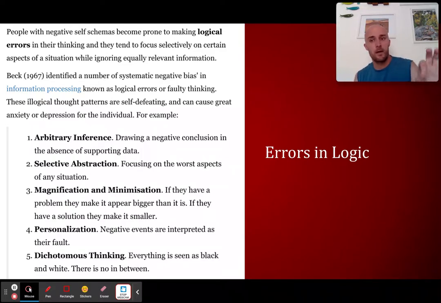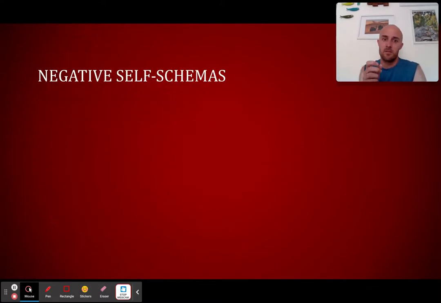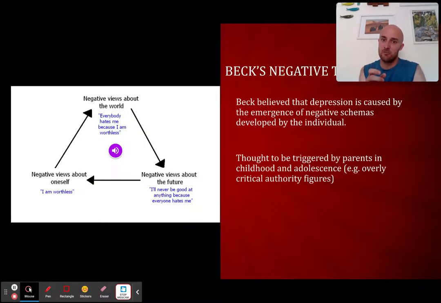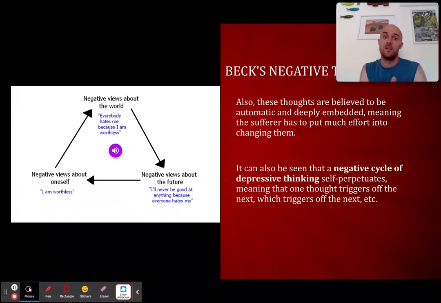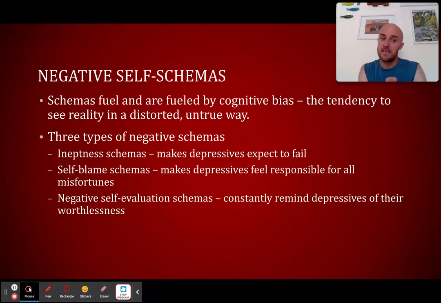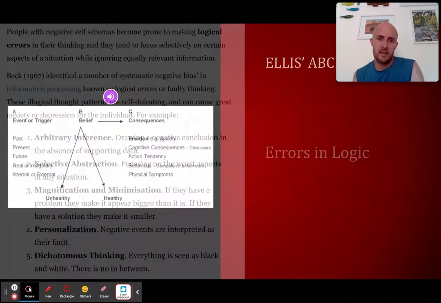So these five fuel and are fueled by the self schemas that I showed you last lesson. They kind of combine. So that is essentially Beck's negative triad. You've got the actual triad just there. You've got some of these schemas, and there are more schemas, by the way, but maybe use these as examples. And you've also got the errors in logic here as well.